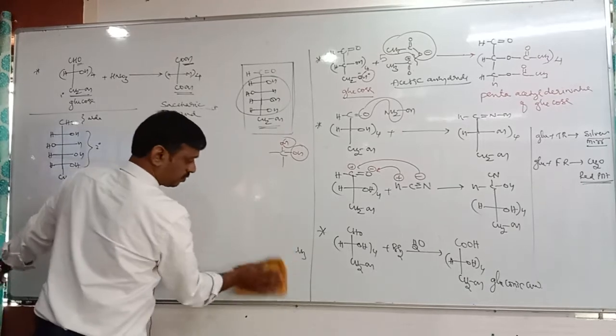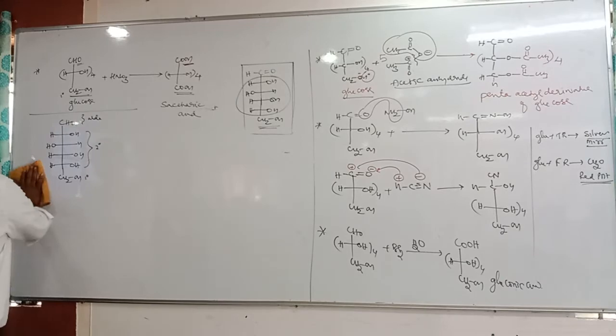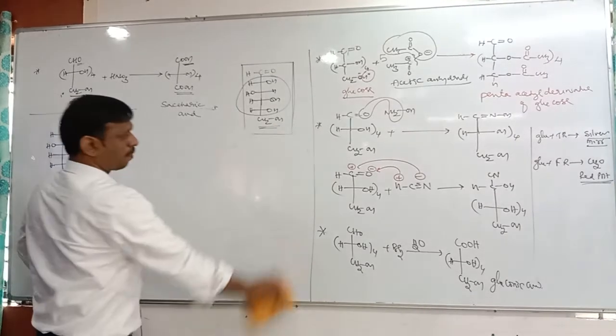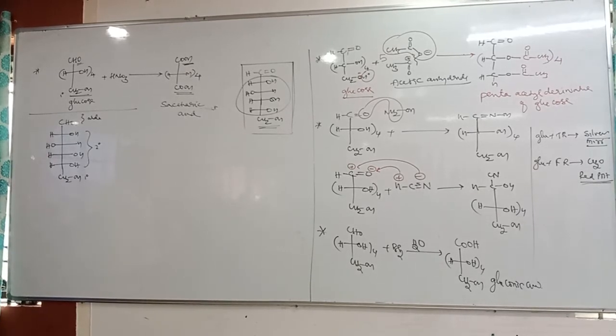It confirms that glucose contains 5 OH groups, which are present on different carbon atoms.